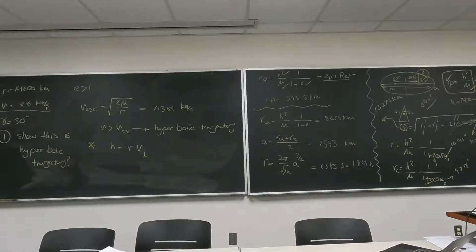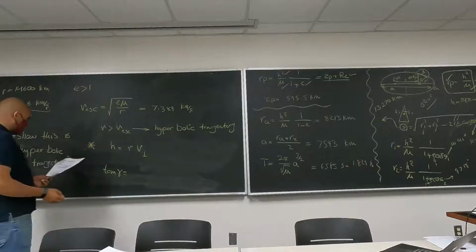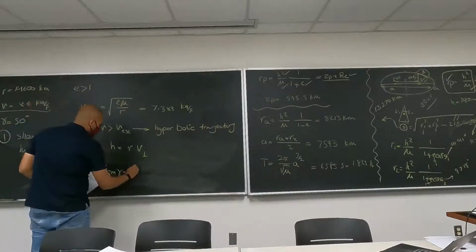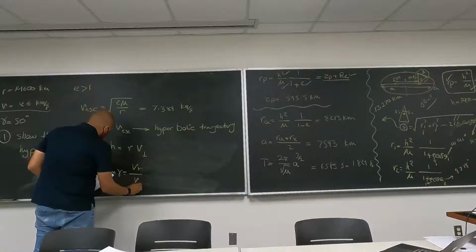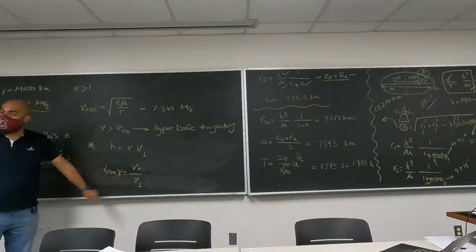How can we do that? The tangent of the flight path angle is going to be equal to your radial velocity divided by azimuthal velocity. But is V radial 8.6 kilometers per second? No, that's the total. So we need to find the radial. What is the relationship between V, V radial, and V azimuthal?